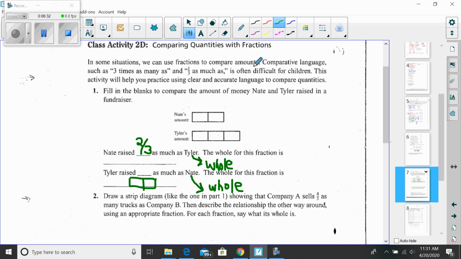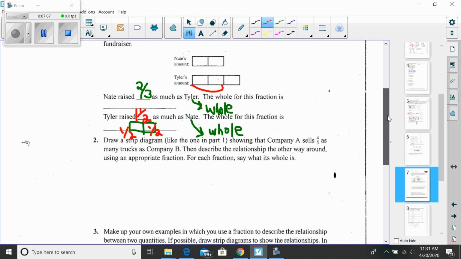If each square, or rectangle, I guess it is, represents a half, then Tyler has 3 halves. In other words, Tyler would have a whole of Nate plus another half. So Tyler would have raised 1.5 as much as Nate. I know some of you are not liking this. I understand that. This is much more abstract.